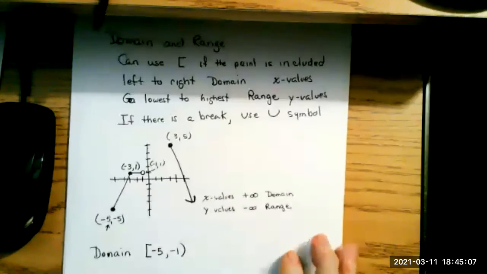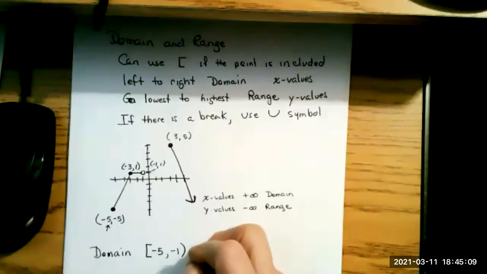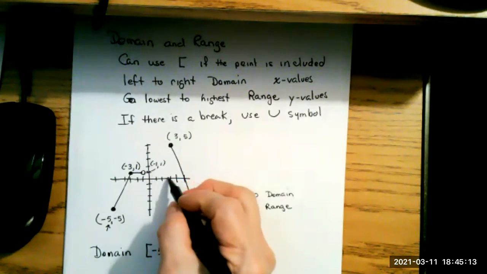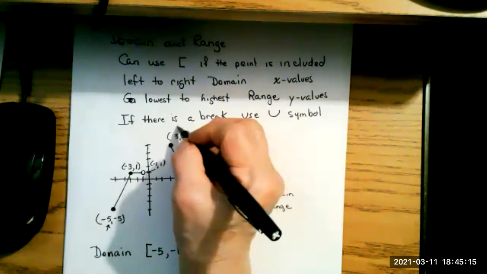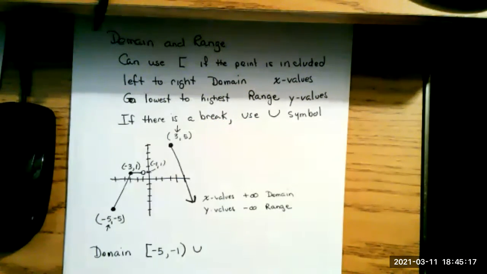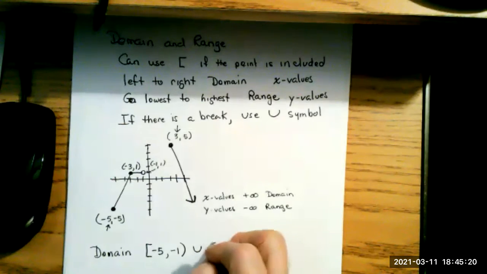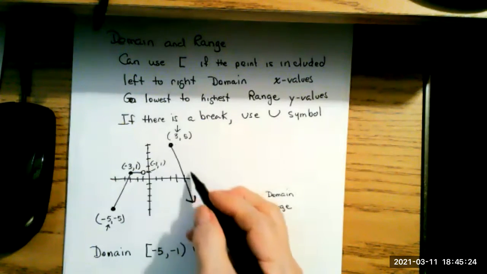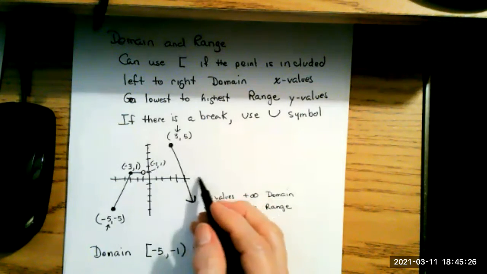Okay, now then it skips across here, and it says to use a union symbol, and the next X value that it starts with is 3. And it includes the 3. And then it's going to go to infinity.